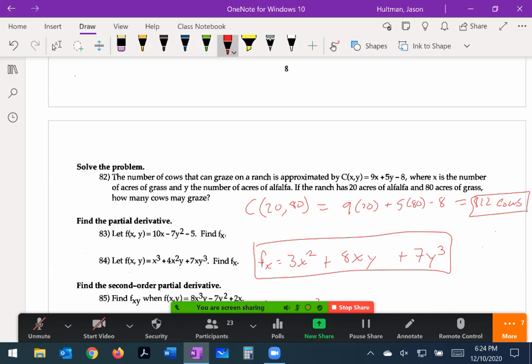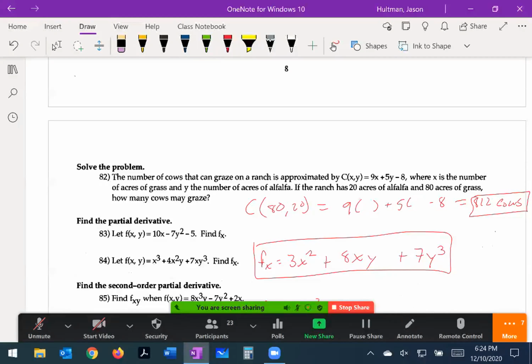Is that right? That doesn't make sense. Is there something wrong? Oh, it's backwards. I did it backwards. That's tricky. It says the number of acres of grass is X, and there's 80 acres, so this is 80, 20.